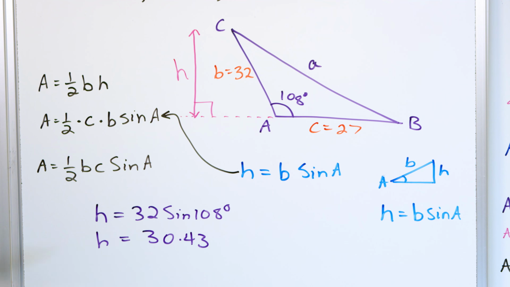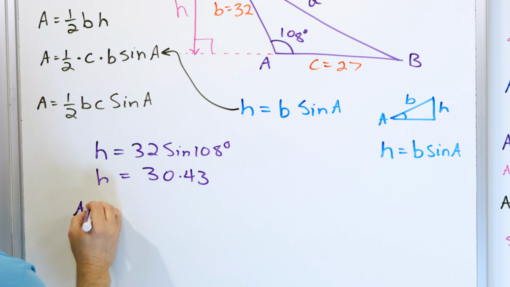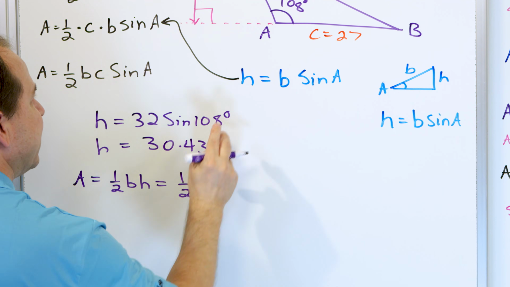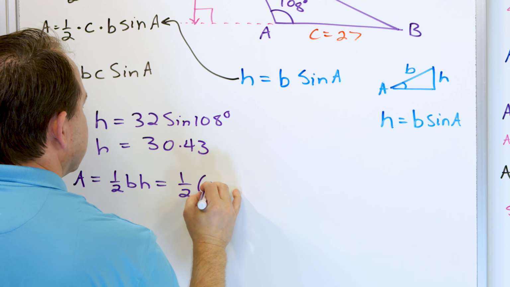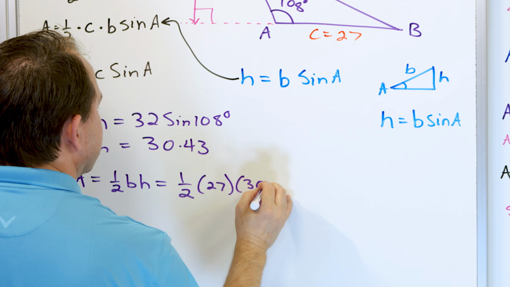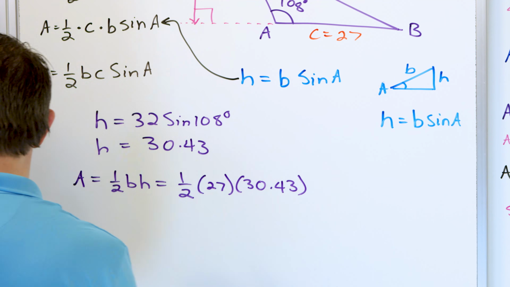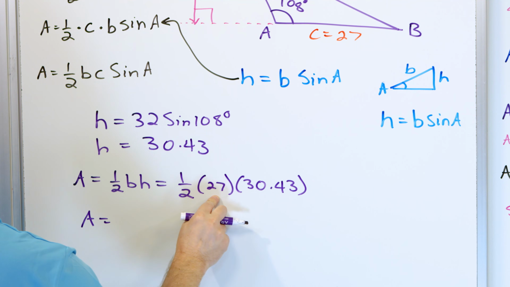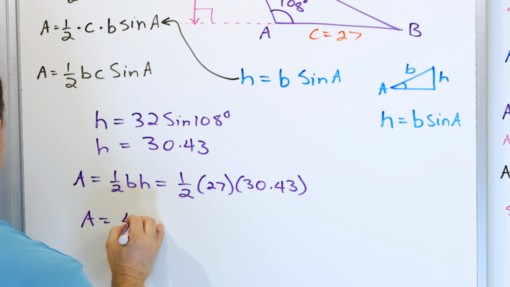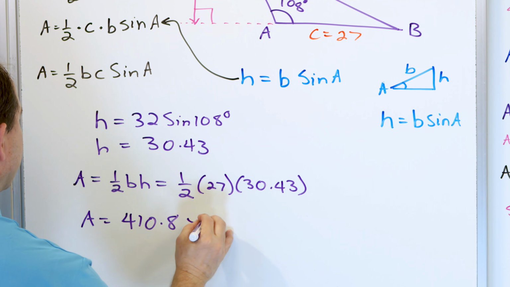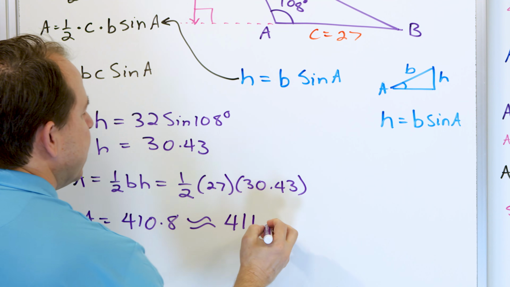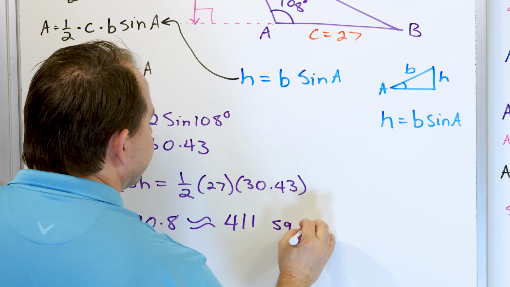It's 30.43 meters tall. And then the area is 1/2 times the base times the height, which is 1/2 times the base, which is 27, times the height, 30.43. And then what you're going to get is 1/2 times 27 times 30.43, you'll get 410.8, which is very, very close to 411, just rounding up, square units.